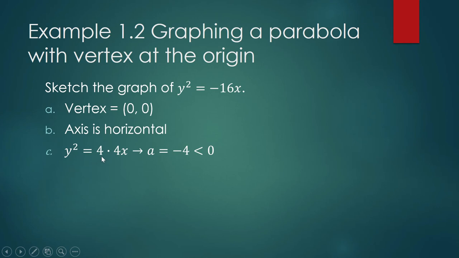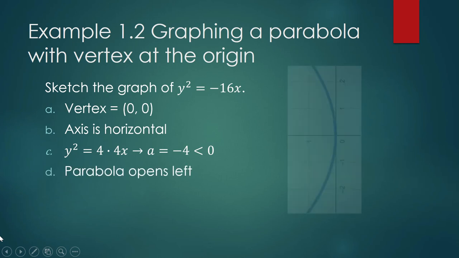It should be 4 times negative 4 because this one is equal to negative 16. So y squared is equal to 4 times negative 4x. A is negative 4. It's less than 0. The axis is horizontal. A is less than 0. That means your parabola opens to the left.